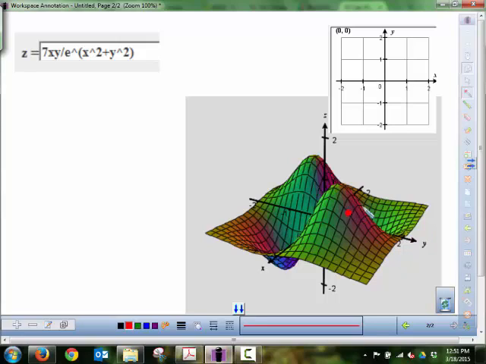I'm starting to play with some numbers that aren't very nice, but maybe we are at x equals 1.5 and y equals 1.5. So we're here on the mountain, and my map tells me that I'm here on my xy plane. Okay?